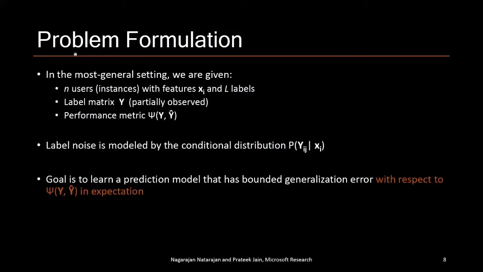And then typically you have label noise, in the sense that the ground truth you have may not be exact. It may have some uncertainty, because these are often human-labeled or machine-labeled. So you model the label noise by a conditional distribution. Each y_ij will have some probability of being 1, and some probability that the label is incorrect.